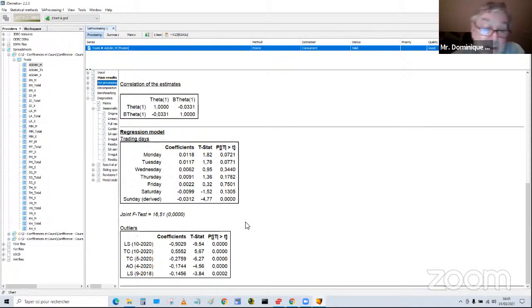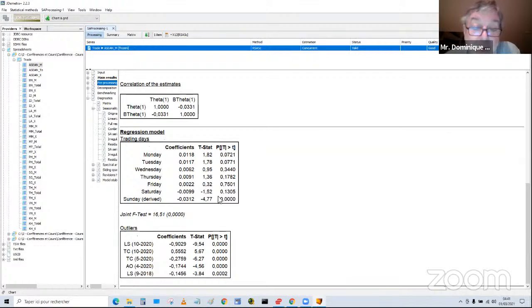So anyway, here it's an error that sometimes people make. Sometimes if a coefficient is not significant, it does not mean you can remove it. Here you cannot, because a week without Monday doesn't mean anything. So you must have all the days, okay?